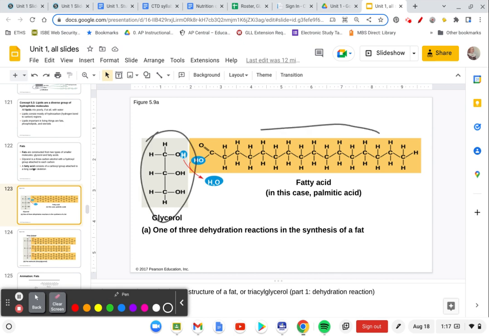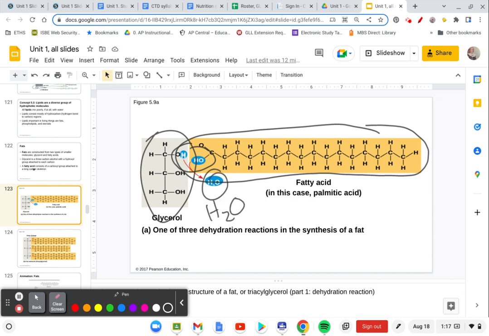And here's one chain of hydrocarbons. That's my fatty acid being bound by removing a water molecule. So I'm losing a water molecule to make one chain of fatty acid. But that has to happen 3 times. It says 1 of 3 dehydration synthesis reactions. So we need to do that 3 times.